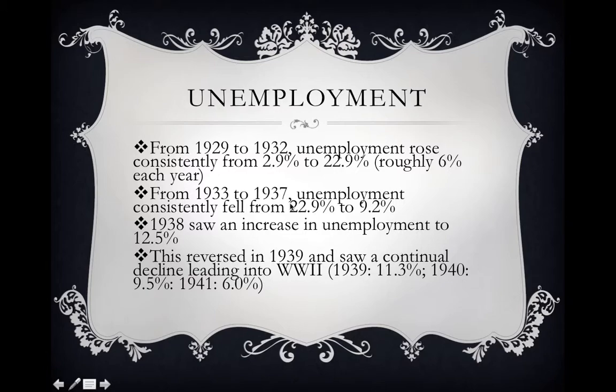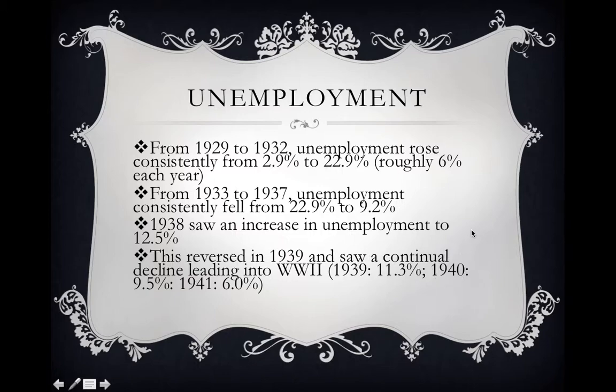We see a consistent recovery from 33 to 37, and then from 38 we see a recession in the middle of the Great Depression. We don't see real GDP reach its 1929 level until roughly 1939 or 1940.